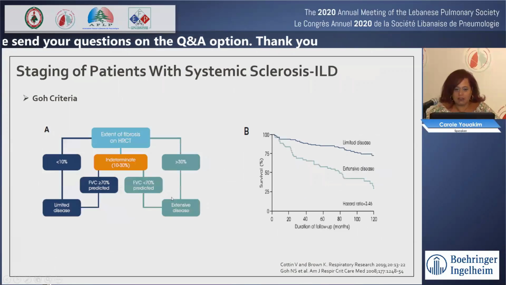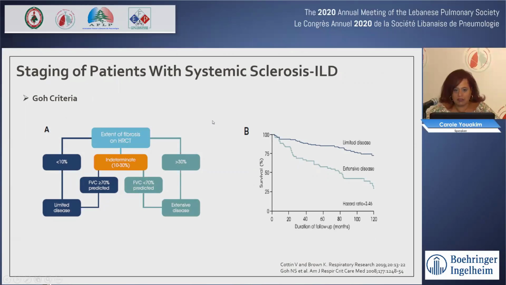A simple staging system, often referred to as the GO criteria, divides systemic sclerosis patients into those with extensive disease and those with limited disease based on the extent of fibrosis on HRCT. Patients with fibrosis less than 10% on HRCT are considered to have limited disease.